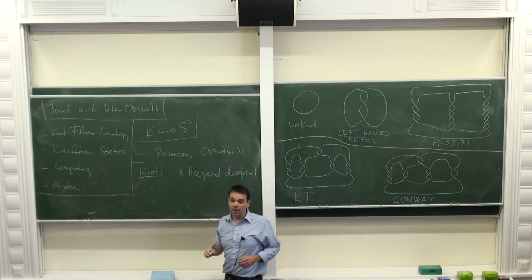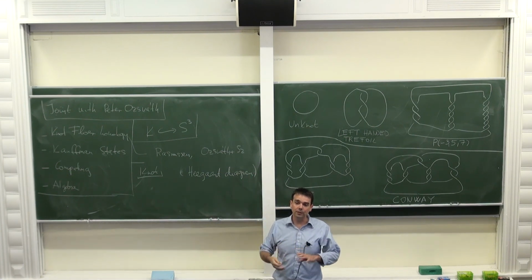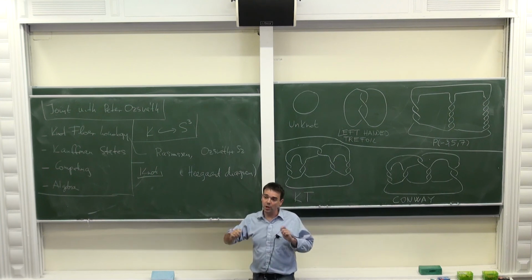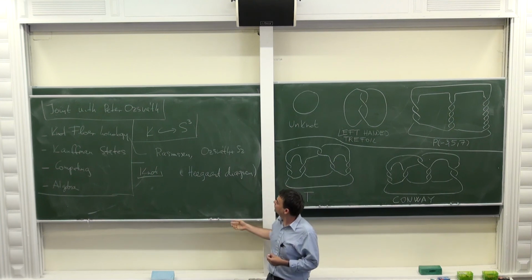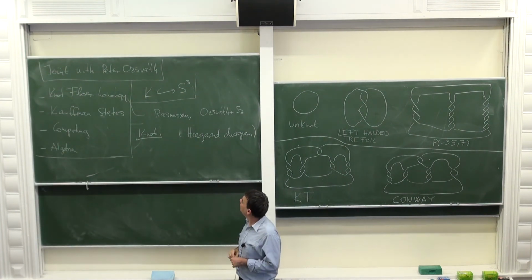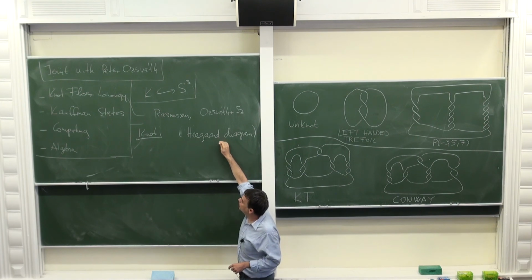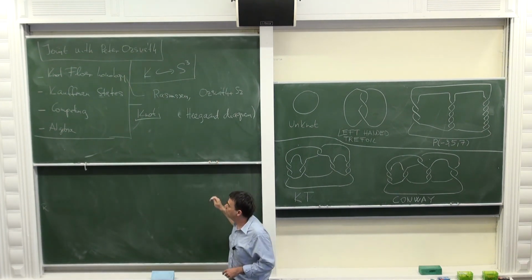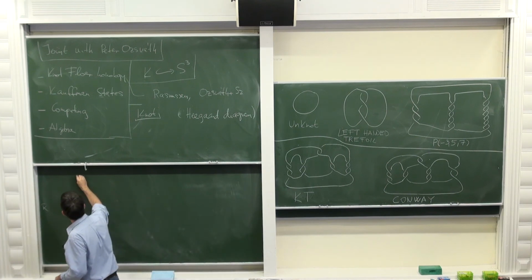This will be a Heegaard diagram of S3, so the underlying three-manifold will be relatively simple, but there will be two additional points on it, and it turns out that's enough to recover some kind of knot in the underlying three-manifold. So there is this topological data, and in fact, even that topological data gives you some generators.